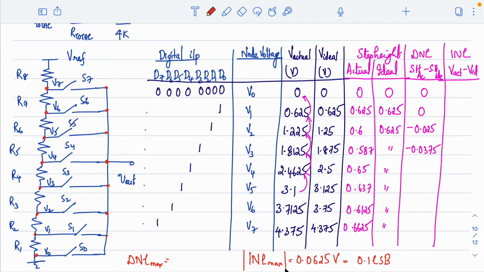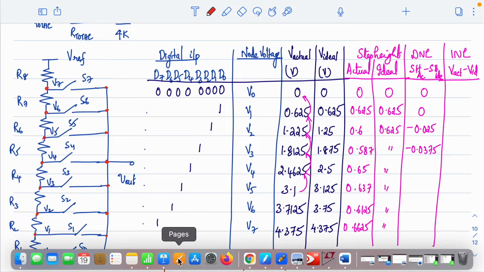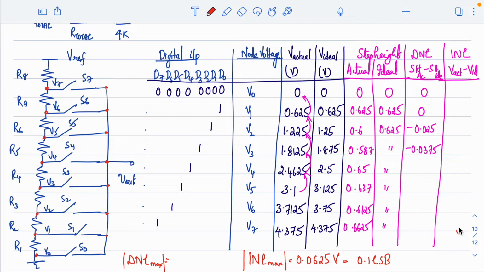Again, what I am writing is its magnitude, so DNL max is 0.0375. This also you can write in terms of LSB. So how do you write this in terms of LSB?